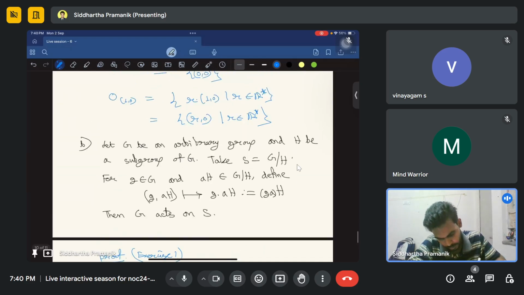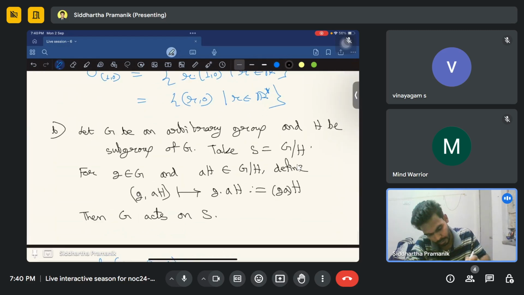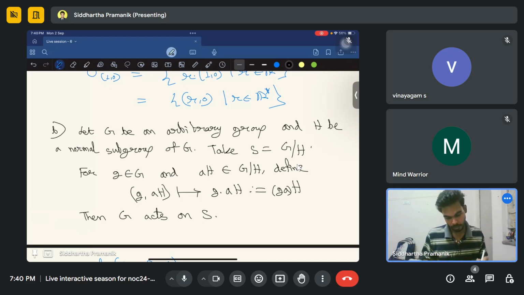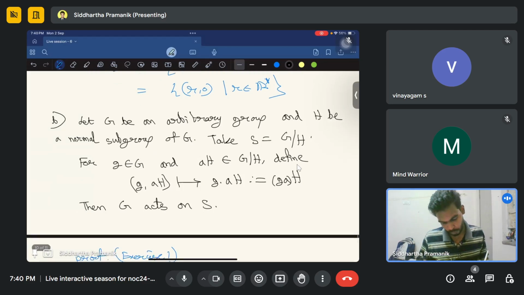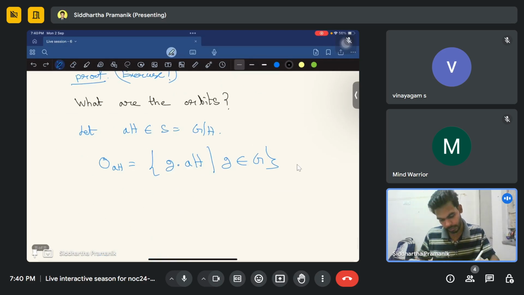Okay, let's take a normal subgroup. Otherwise, the multiplication will not make sense. Oh, sorry, we don't need a normal subgroup. Sorry. Yeah, so can you see?